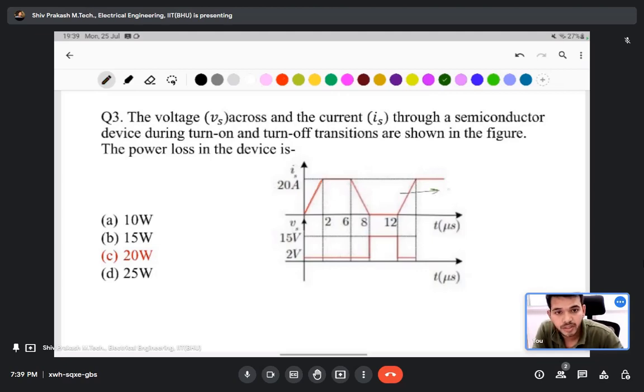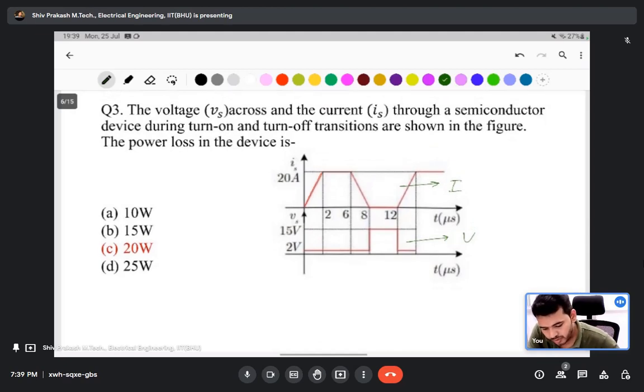When the switch is on, then current flows. This is not an ideal switch, that's why a minimum voltage drop across the switch is given here.